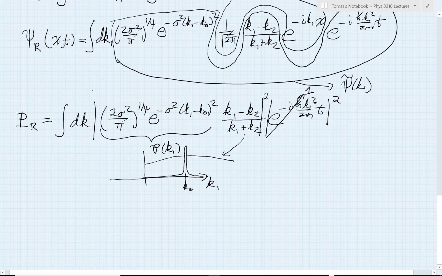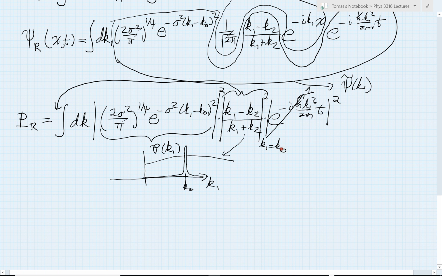Now the best way to recognize that that's constant and to make that factorization, as we had seen before, is to say the magnitude of the product becomes the product of the magnitudes. And then this term, I can pull out of my integral because I need to evaluate it near my peak, near k1 equals k0, because that is where it becomes relevant.